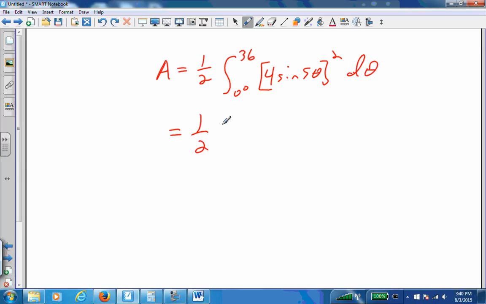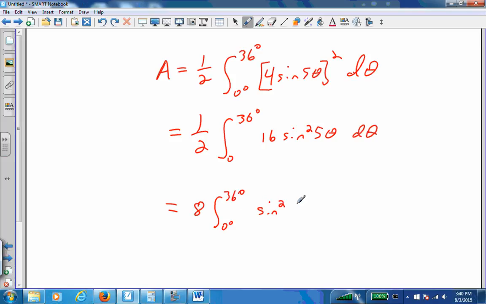So that's 1/2 the integral from 0 to 36 degrees, 16 sine squared 5 theta d theta. We can pull the 16 out front and call that 8 times the integral from 0 degrees to 36 degrees sine squared 5 theta d theta.